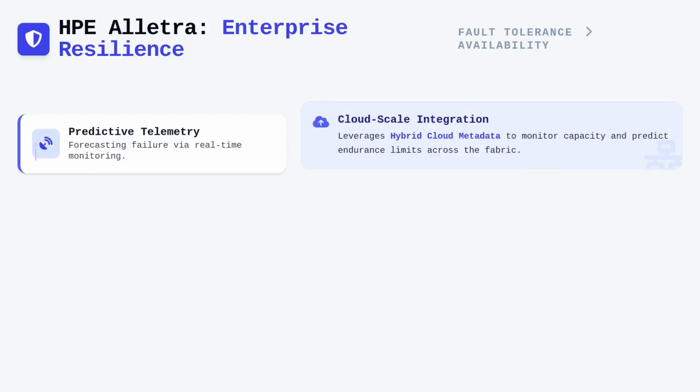This capability is deeply tied to the broader hybrid cloud integration, where aggregated metadata assists in forecasting capacity consumption and endurance limits. From a diagnostic perspective, the system treats performance degradation as a precursor to hardware failure, using algorithmic analysis to preemptively trigger live migrations or controller failovers.